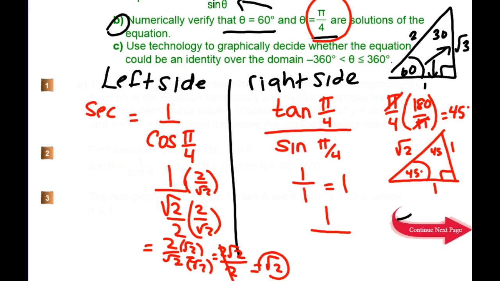You could look on your unit circle, or you can use the special triangle and go sine 45, so opposite over hypotenuse, 1 over root 2. Okay, so 1 over 1 over root 2 is going to end up as root 2. And both sides of the equation are equal, so therefore it is a solution.